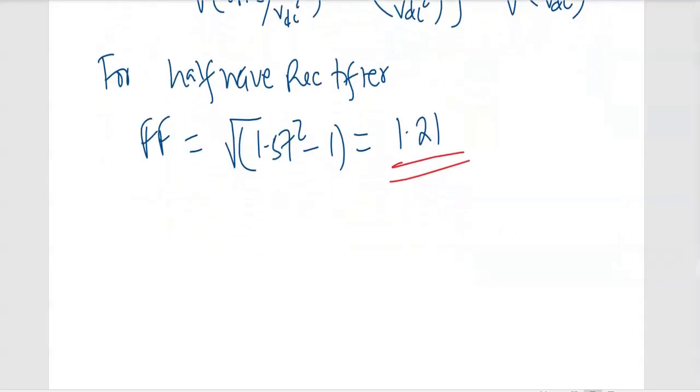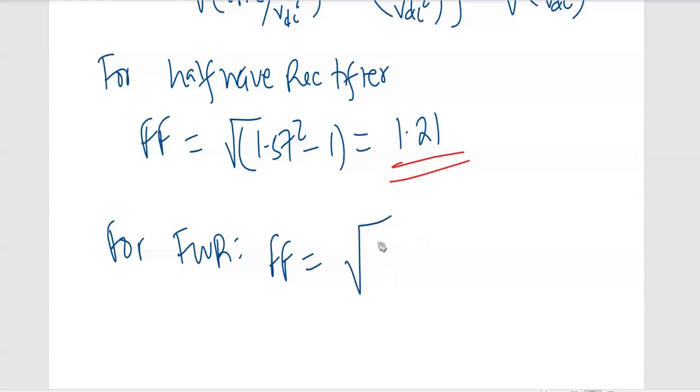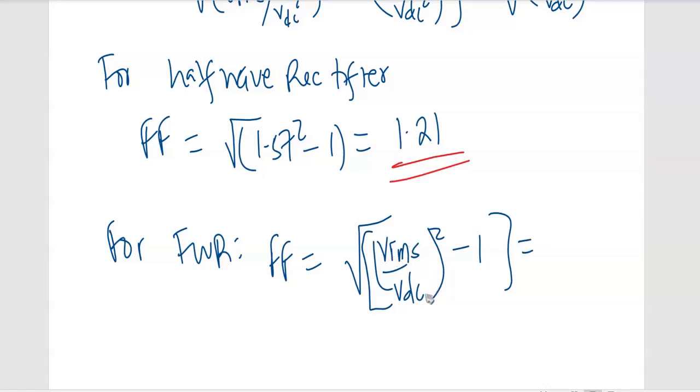For a full wave rectifier, the form factor is equal to the square root of (VRMS divided by VDC) squared minus 1. Remember, VRMS divided by VDC is the same as the ripple factor, and the ripple factor for a full wave rectifier is 1.11.